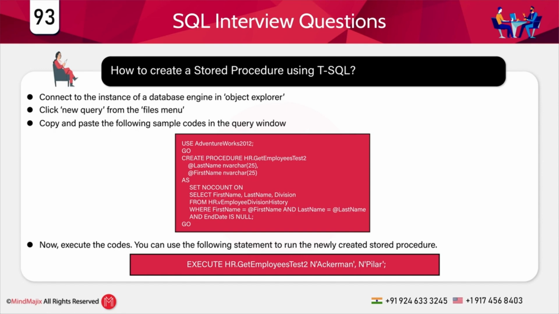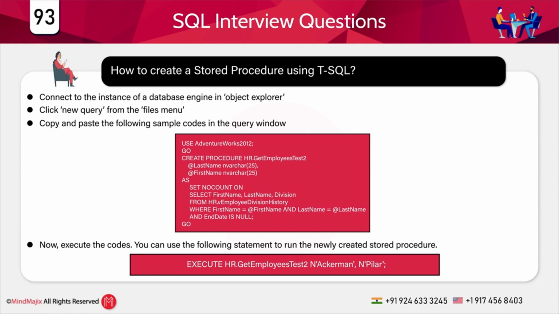Then set no count on, select first name, last name, division from HR.employee division history, where first name equal to this first name and last name equal to this last name, and end date is null, and then the go statement. So basically, we have created a stored procedure over here.